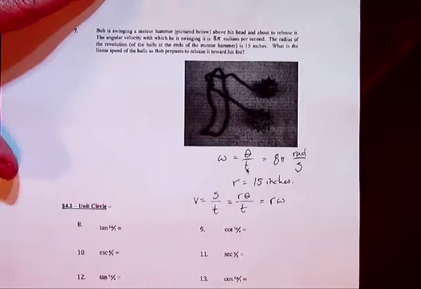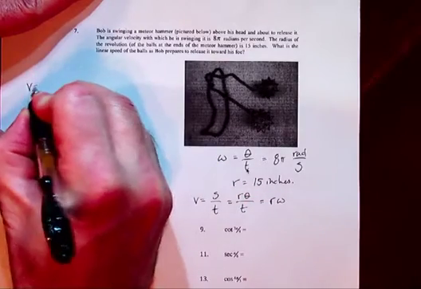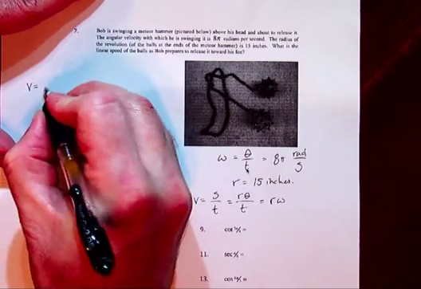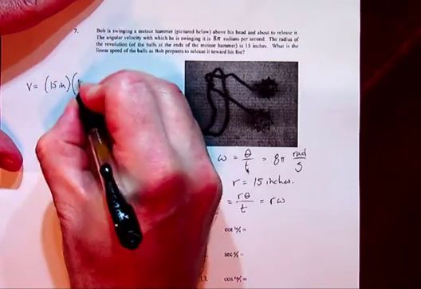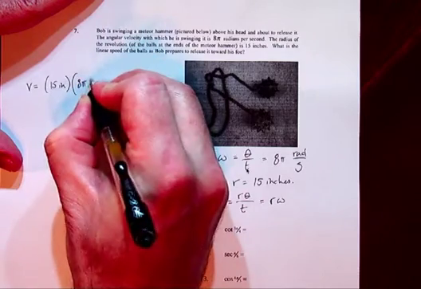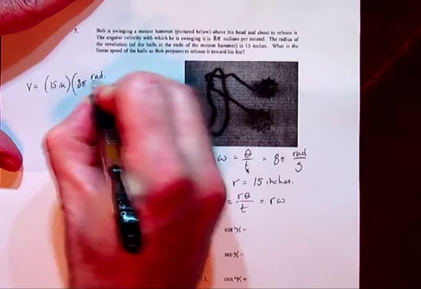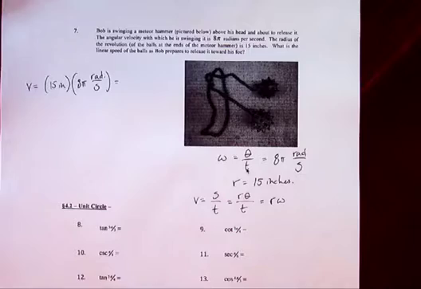This ought to be pretty straightforward. We know that v is equal to 15 inches multiplied by 8 pi radians per second. And you should recognize that radians, as that sort of pseudo unit, is going to evaporate when you do your multiplication, and you're just going to get inches per second.